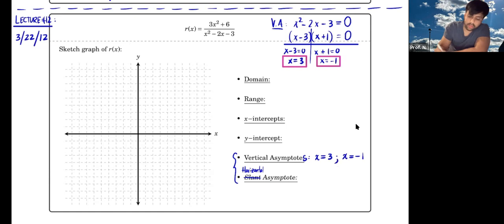So that's what we have for our vertical asymptotes. And then we notice, let me just plot that real quick. So -1, I'm going to give it these boundaries here, this dotted line. So this represents x equals -1.